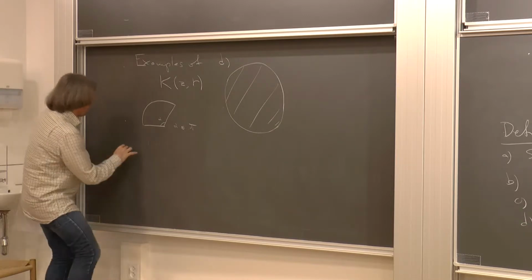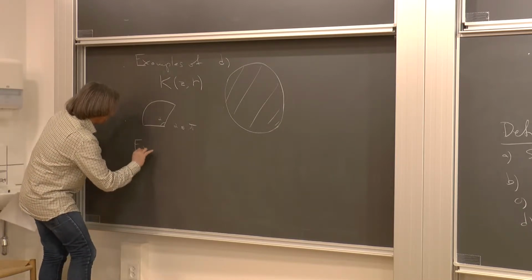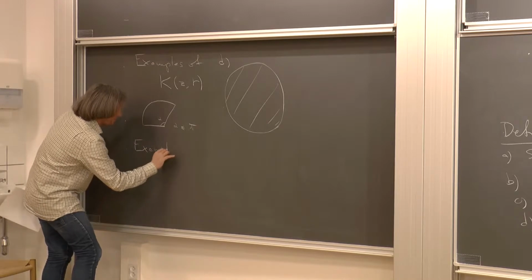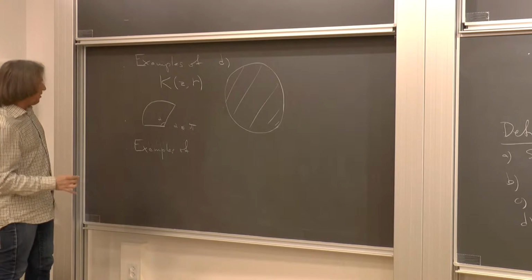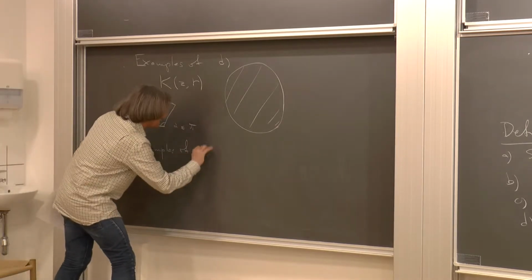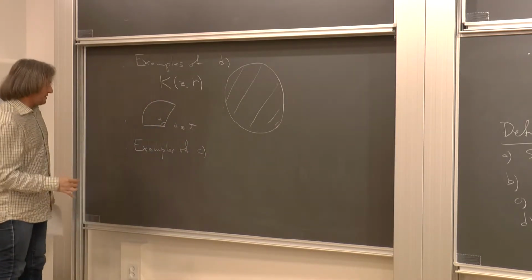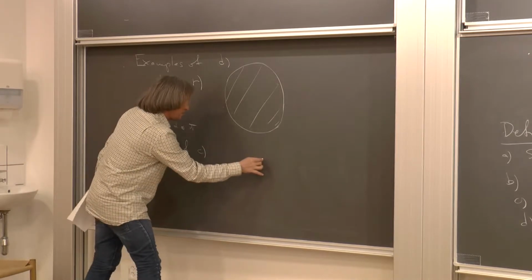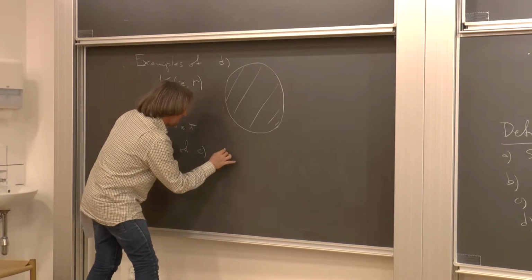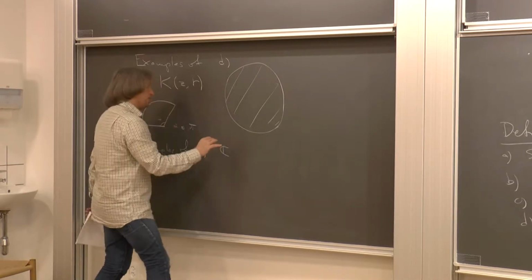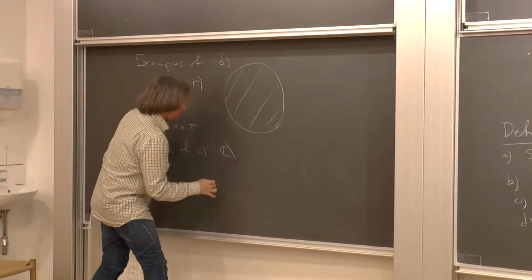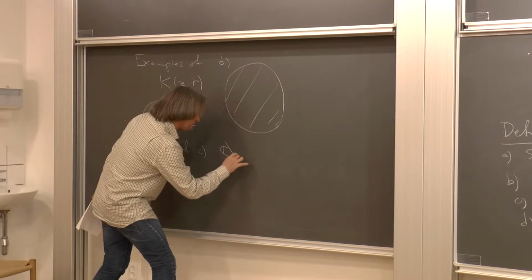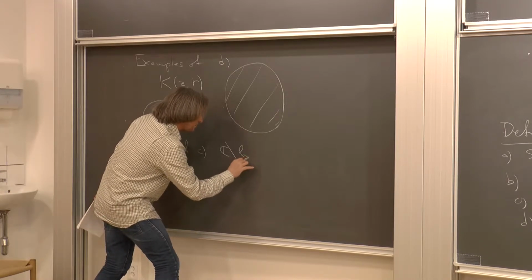So examples of B, of C, apart from those in D, it's this one. So C without the half line, so I'll write L greater or equal than 0.